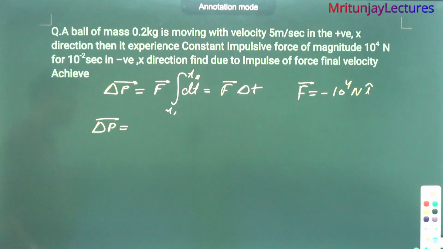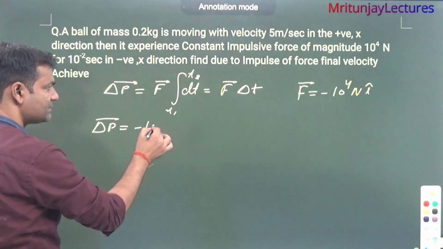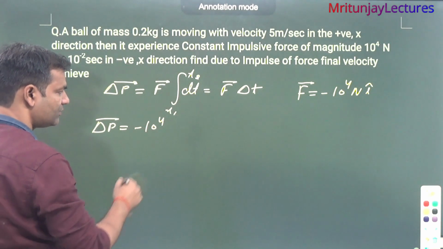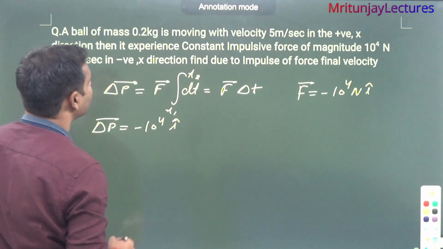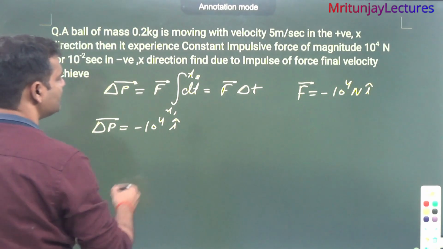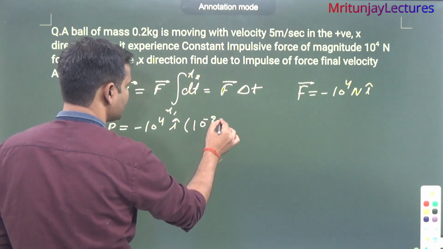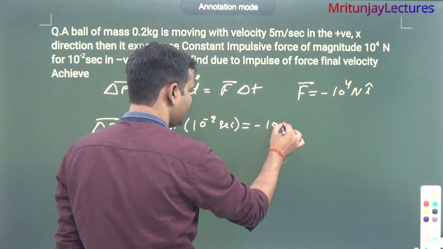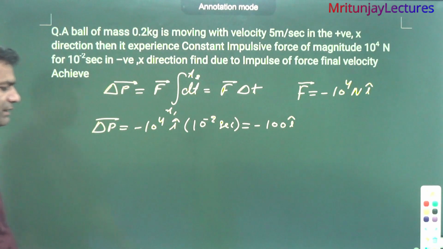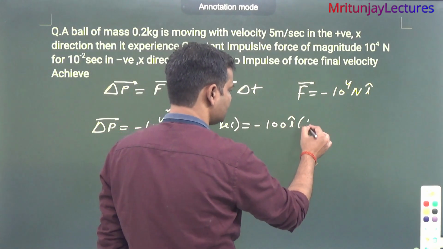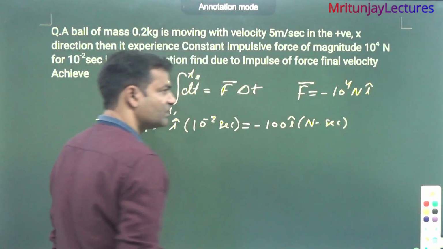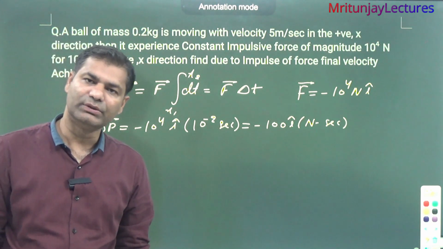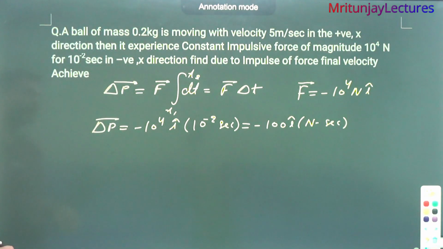Putting in the value, minus 10 to power 4 i cap into delta T, which is 10 to power minus 2 second, gives minus 100 i cap. The unit is Newton second. Clear or not?